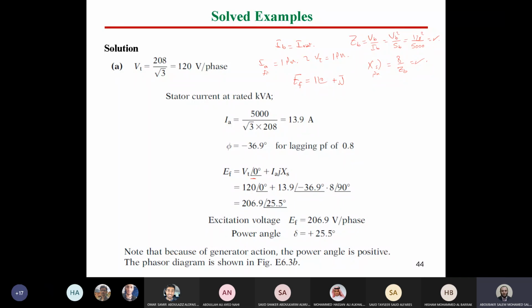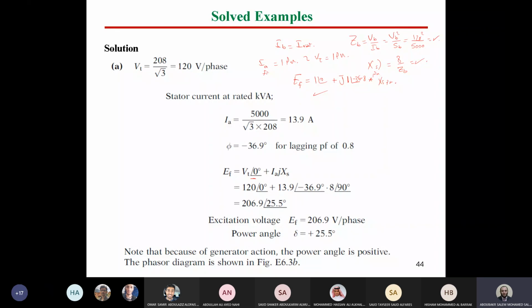So we can substitute now: EF equals V terminal 1 at angle 0 plus j times I, which is 1 at angle minus 36.8, multiplied by XS per unit. So we can calculate in this way.